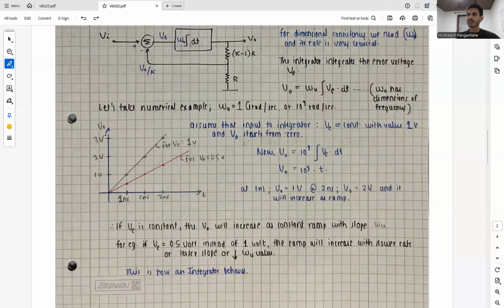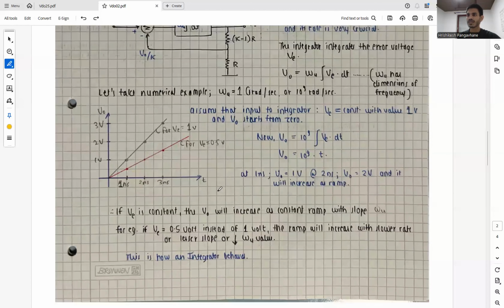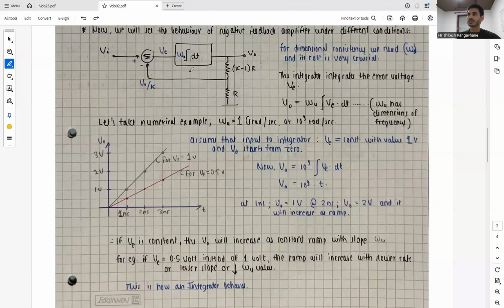If we plot our V naught against time t, at 1 nanosecond V naught is 1 volt, at 2 nanoseconds V naught is 2 volts, and so on. It will increase as a ramp starting from 0. So if VE is a constant, so the input to the integrator is a constant, then V naught will increase as a constant ramp with a slope of omega u.